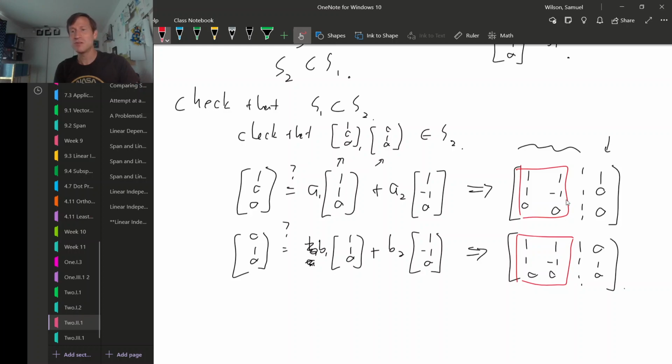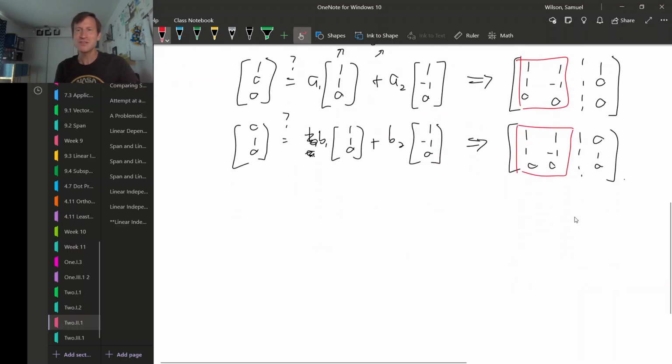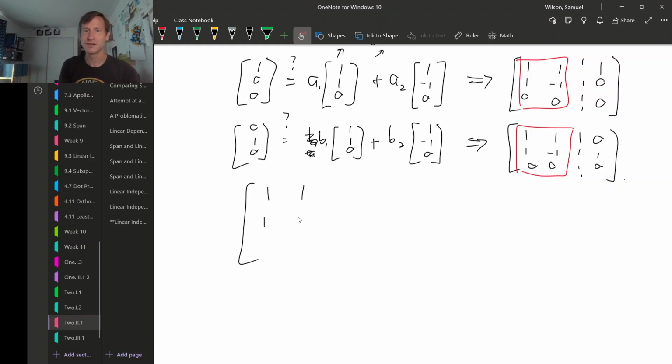So if we row reduce these separately, we would actually be doing the same row operations for both of them. So there's no reason to do one and then the other. We can actually do both at the same time. Right here's the unaugmented part. When we do row reduction, we just need to keep track of what happens to both augmented columns. Here's one augmented column and here's the other. So we can solve both of these systems at once just by row reducing this matrix.